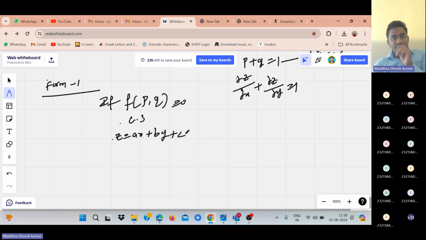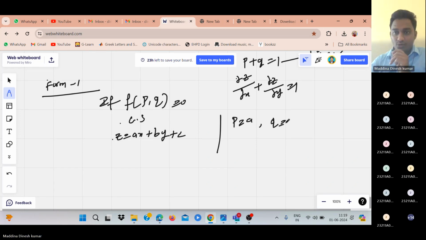That's it. Further, we can substitute a in place of p and b in place of q. Now I will solve problems and you will get more clarity.